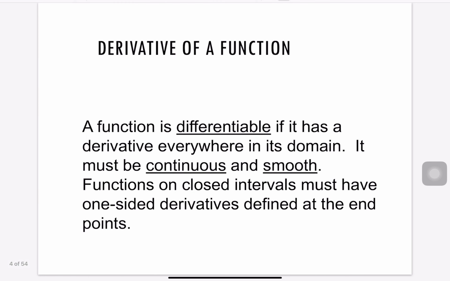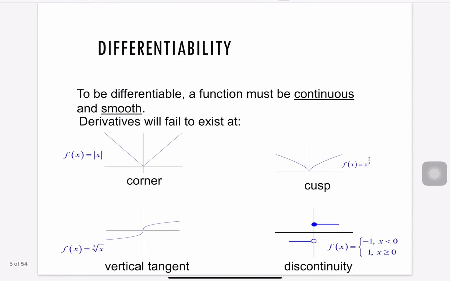A function is differentiable if it has the derivative everywhere in its domain. It must be continuous and smooth, and on a closed interval it must have one-sided derivatives defined at the endpoints. As you see here, to be differentiable, a function must be continuous and smooth, otherwise the derivative will fail to exist.